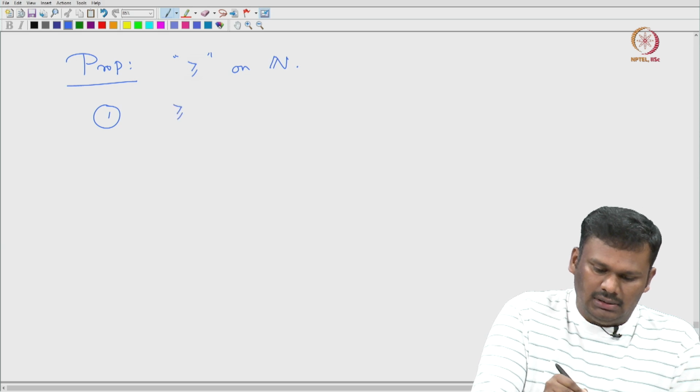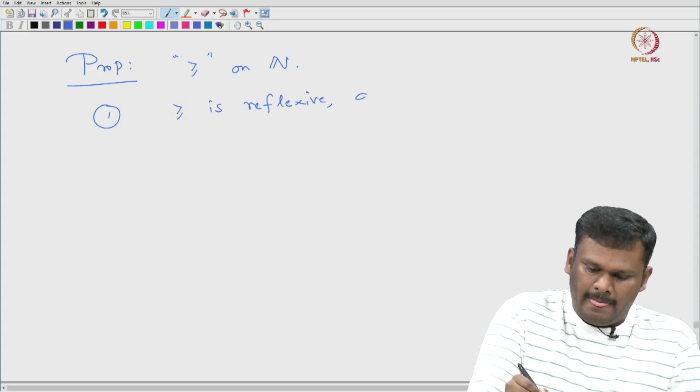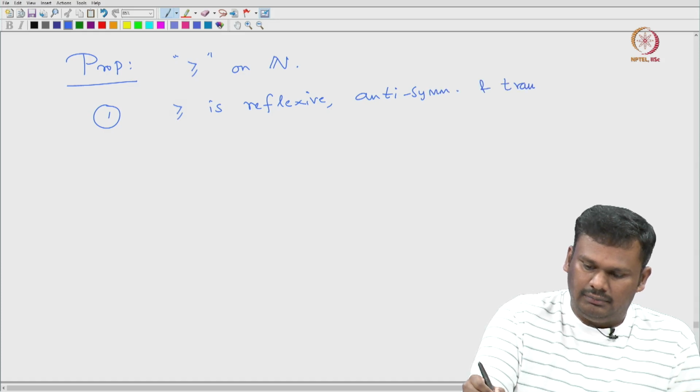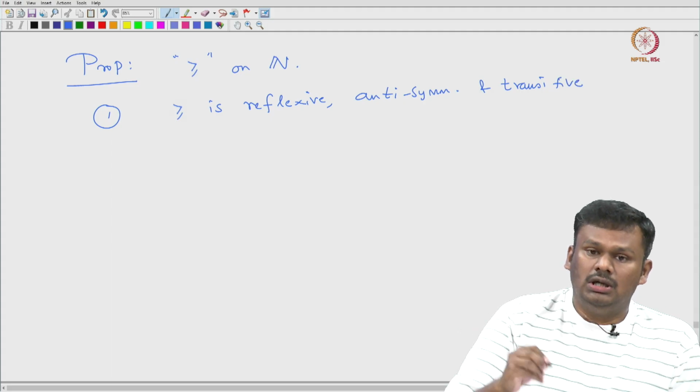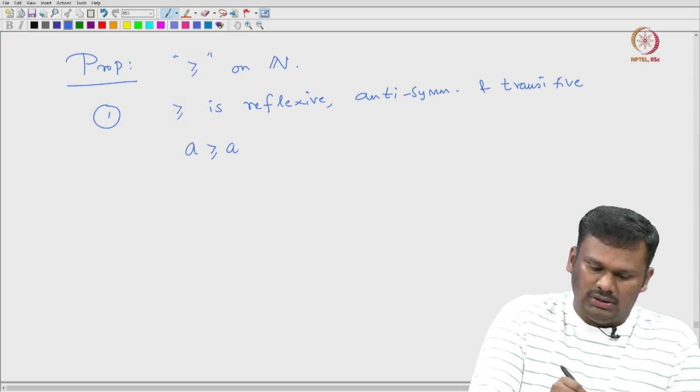So, the ordering is reflexive, anti-symmetric and transitive. What is the meaning of that? That means a is always greater than or equal to a. That is the meaning of reflexive.